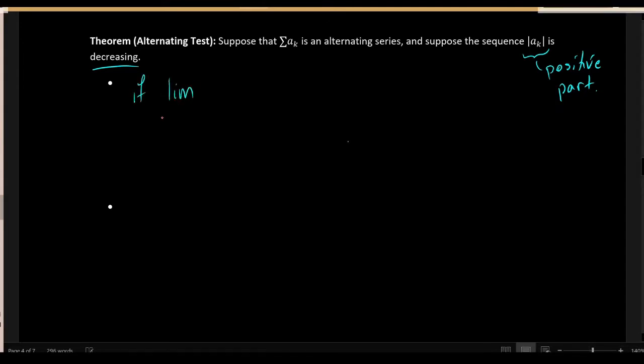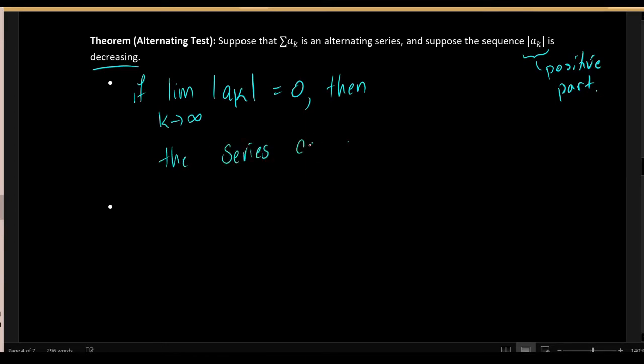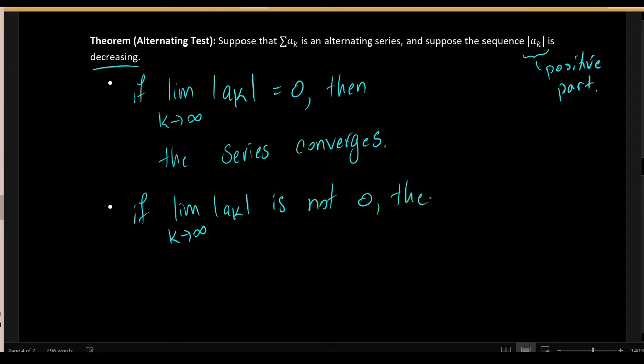If the limit, as k goes to infinity, of the positive part of this alternating series is equal to 0, then the series converges. If the limit does not equal 0, then the series diverges.